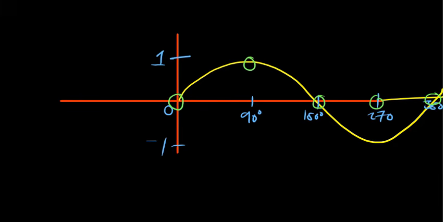Now for the cosine, it starts from 1 and moves like this. Okay, let me just do another graph to avoid the confusion.